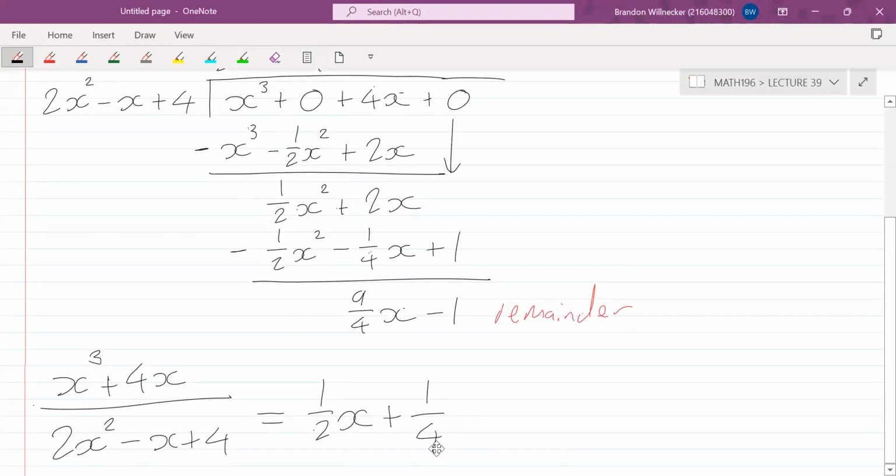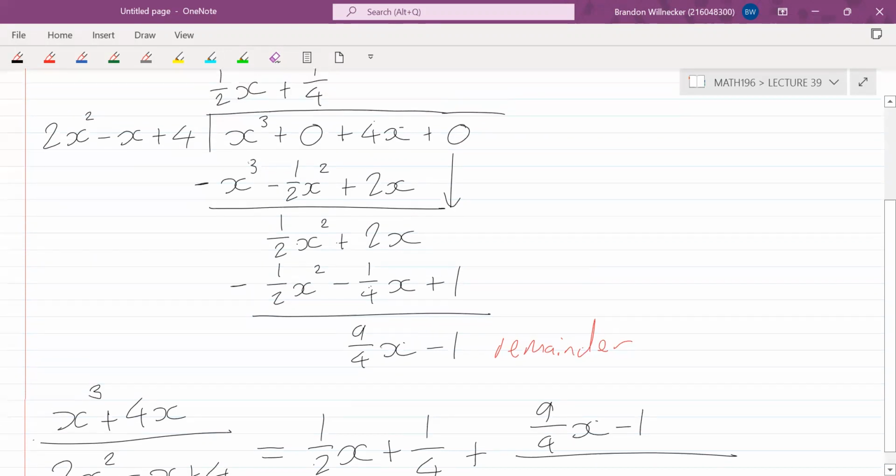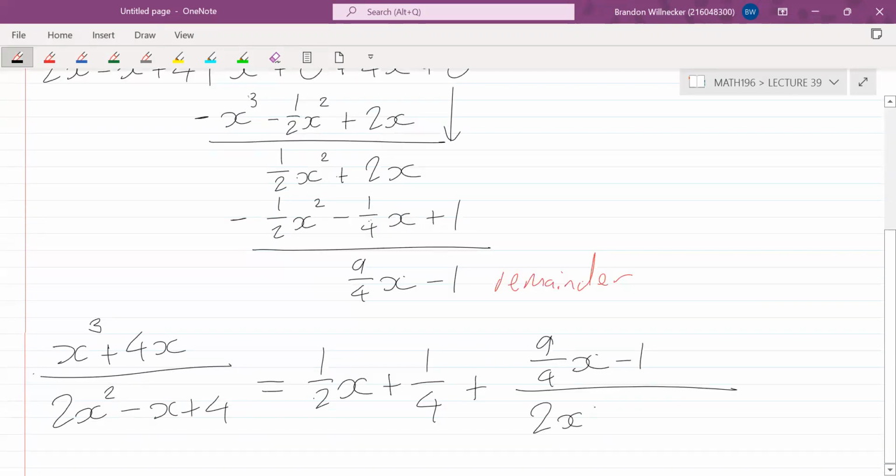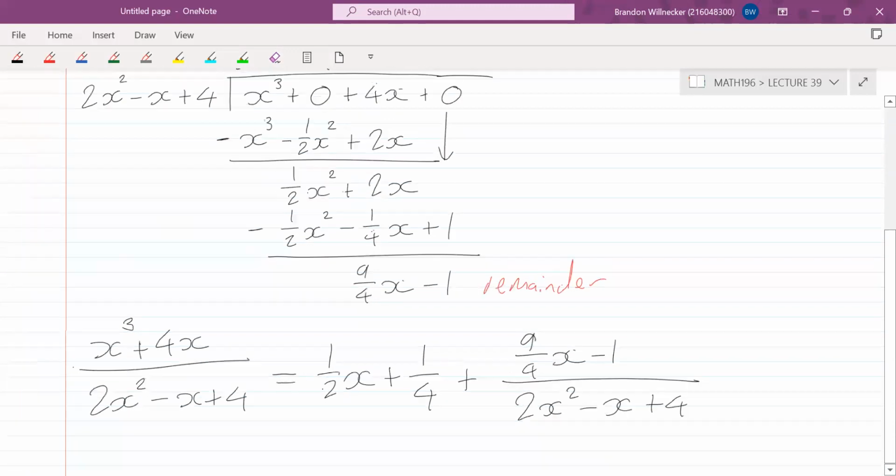So that's the whole part. And then we have this remainder that's left over. That's 9/4 x minus 1. And that's still divided by 2x squared minus x plus 4.